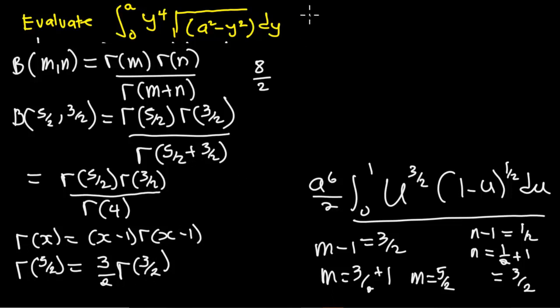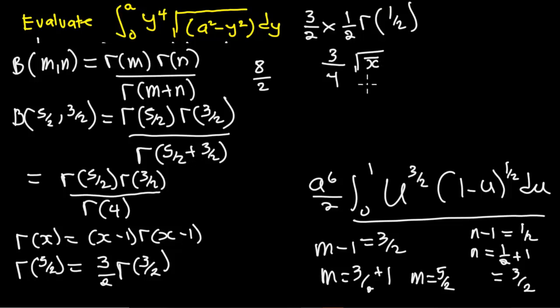So we are going to have 3 over 2 times, so 3 on 2 minus 1, we are going to have half. So times half times, and then here we are going to be left with gamma of half. So here we are going to have 3 times 1 gives 3, and then 2 times 2 is 4. And by definition, gamma of half gives the square root of pi. So this is for the gamma of 5 on 2.